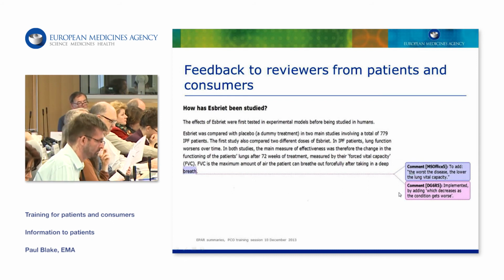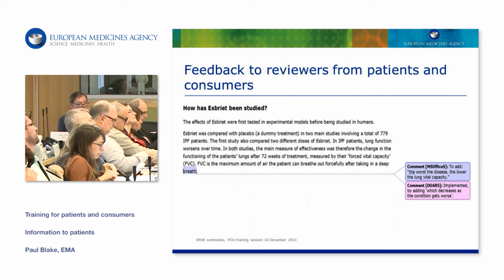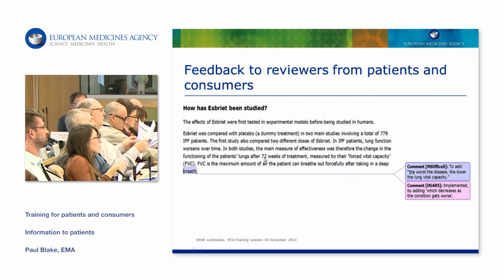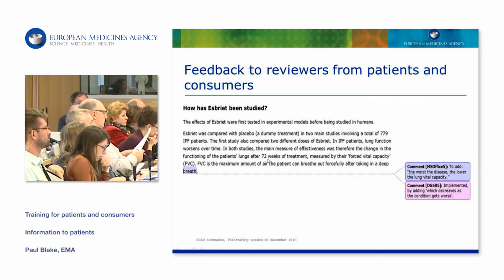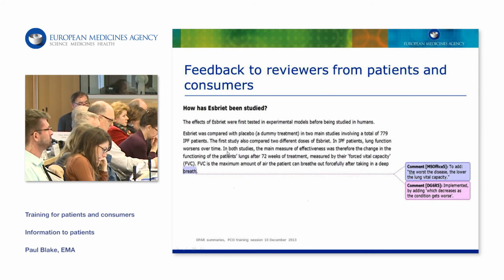Here's a third example, Esbriet, which is a medicine for a particular type of lung disease. Here we were talking about the studies that were used to license Esbriet. In those studies, the effect was measured by this thing called FVC, which is the maximum amount of air the patient can breathe out forcefully after taking a deep breath.